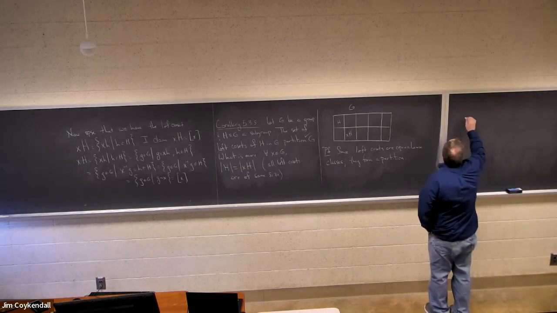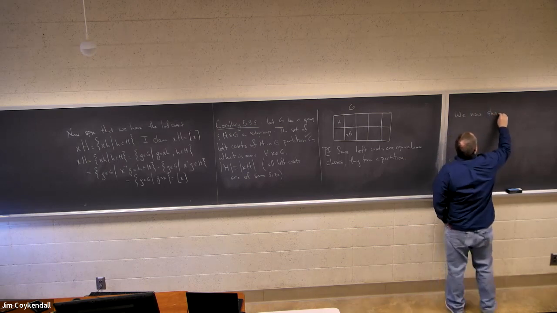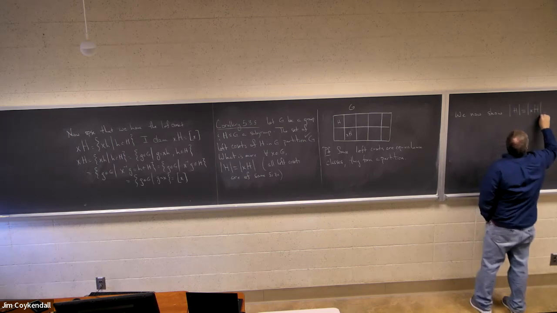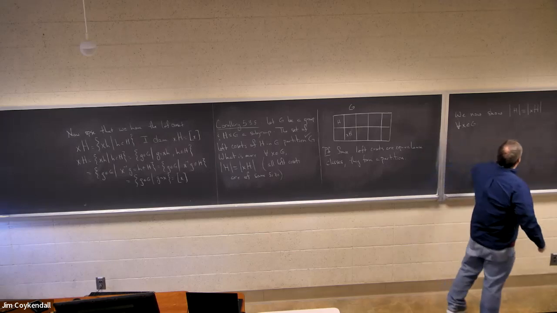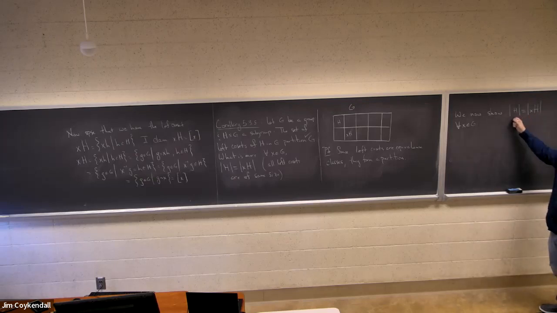So we now show these 2 cosets are the same size, and by transitivity, that means any 2 cosets are the same size. Because, for example, if you want to show that the coset XH and the coset YH are the same size, remember, XH is this size and YH is this size, so XH and YH.